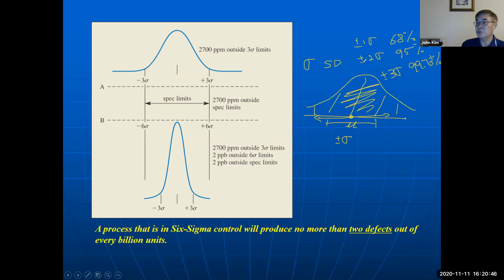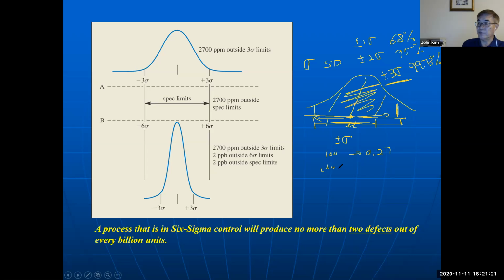So if a company uses plus minus 3 sigma quality control as a specification and produces 100, the allowed outside is 0.27.